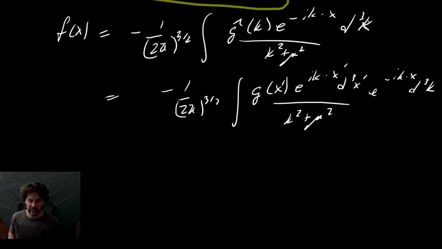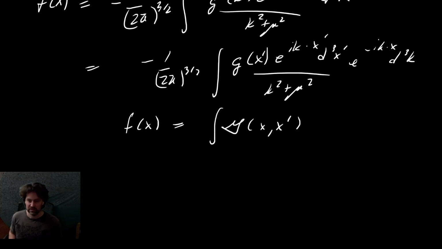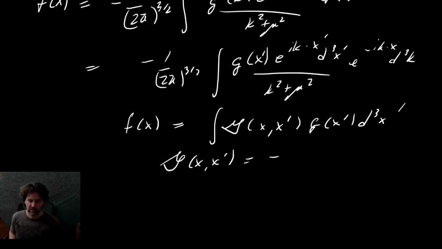Okay, we're getting there. Actually, we've gotten far enough that we can write out the full solution for f. So we can say f of x equals the convolution of g of x prime with G of x prime d3x prime, where G of x prime is minus 1 over 2 pi.